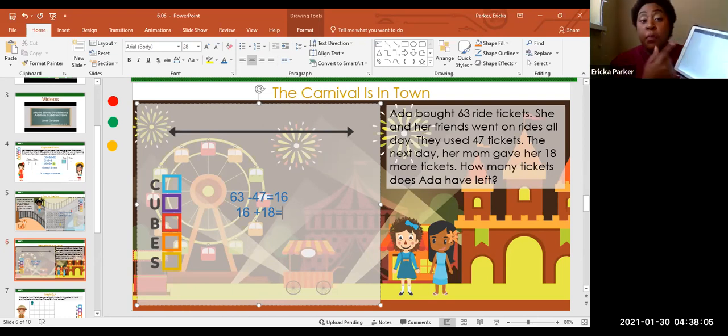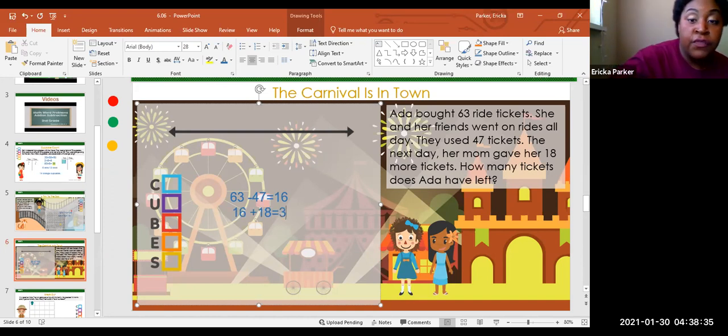If you can't do your problem this way, you need to stack your numbers up. 16 plus 18 equals what? 14. So we put the 4 down here, carry that 1 over. 1, 2, 3. 34. That means she has how many tickets left over? 34.